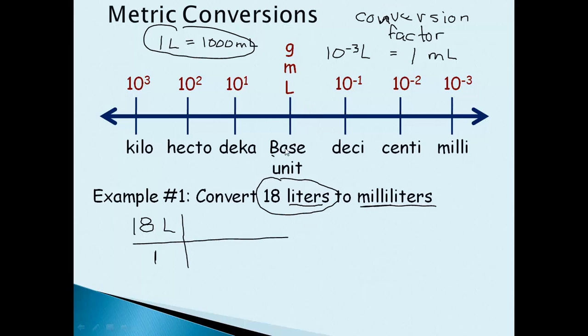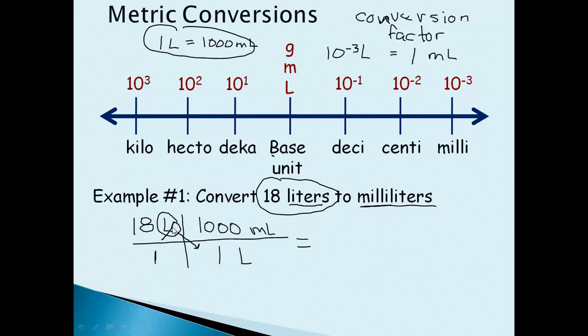Okay? And then we need to put our conversion factor in here, one part on the top, one part on the bottom. It's like we're multiplying by 1. But we've got to put it in so our units cancel out. So since we have liters on the top, we need to put liters on the bottom. So we're going to put 1 liter on the bottom. Then the other part of our conversion factor, 1,000 milliliters, goes on the top.